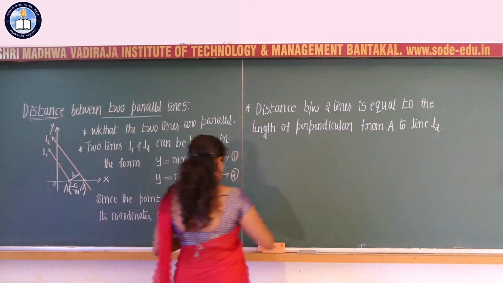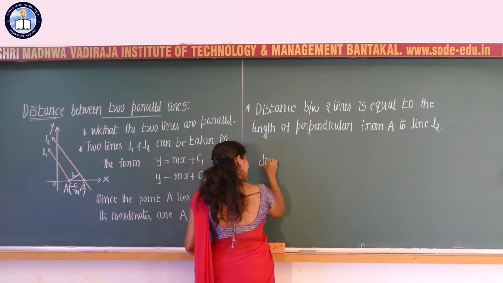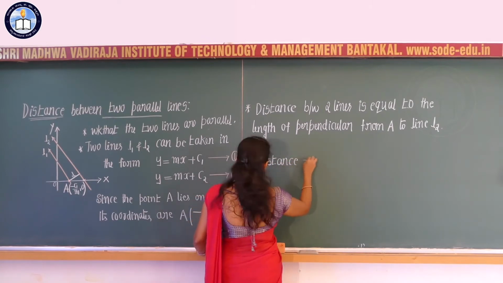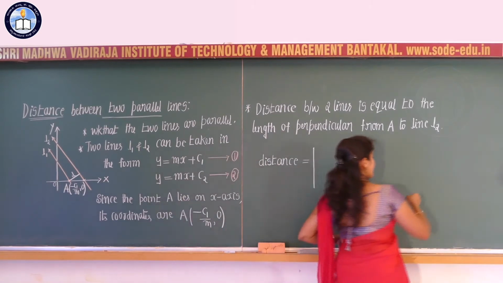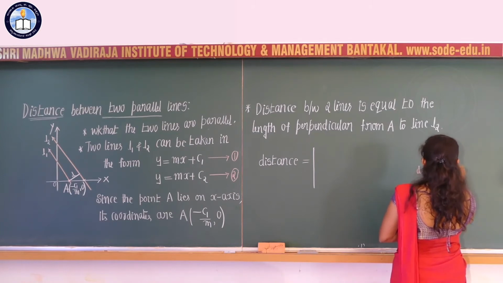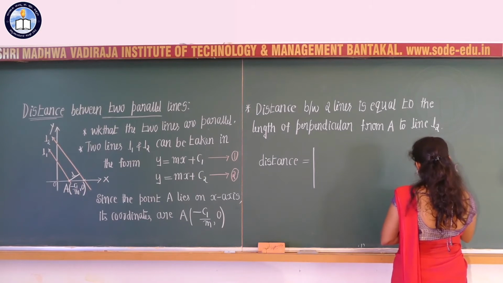So the distance between the two parallel lines is equal to, what is the formula? We are going to consider the formula D is given by a into x1 plus b into y1 plus c divided by root of a square plus b square.